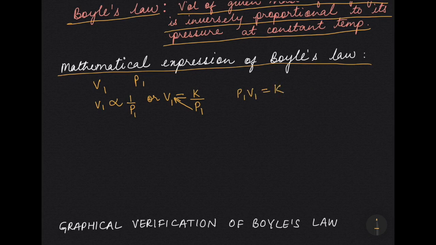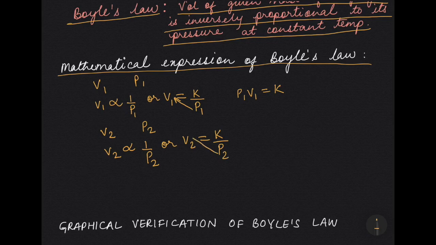Similarly, if V2 is the volume occupied when the pressure is P2 at the same temperature, the temperature is constant, remember, then what do we get? We get V2 is inversely proportional to P2, or again, when we change the proportion sign to an equal to sign, it will be multiplied by a constant k by P2.